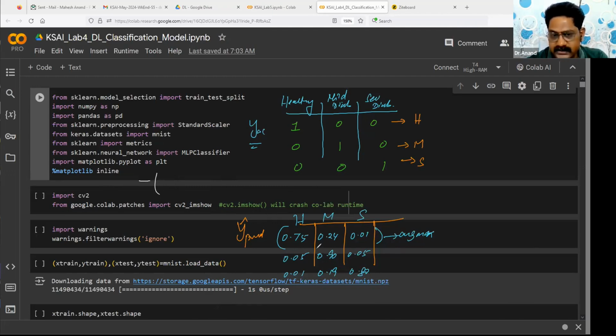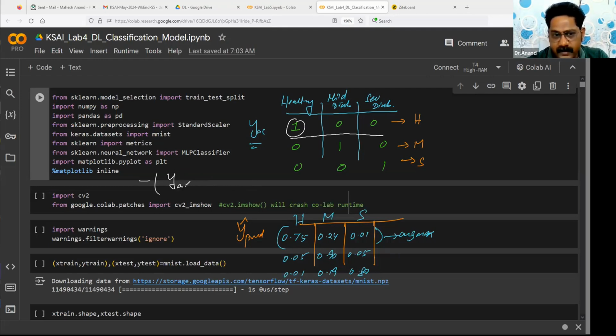Okay, I'm going to substitute for the first record. What is Y actual? Here the positive class is with respect to healthy. Healthy should be considered as the positive class. These two are considered as the negative class. Please understand, for multi-class.